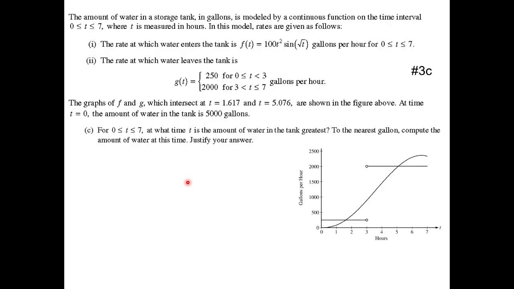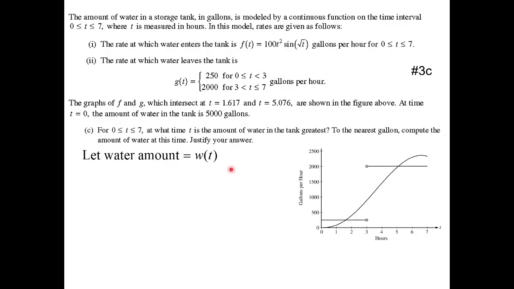For this final boss battle, part C of this question, they want to know at what time the water is greatest in the tank, and also, to the nearest gallon, how much water there actually is at that time. If we're going to be maximizing the amount of water, let's write a function that will describe that amount. I'm going to call that w of t, the water amount.